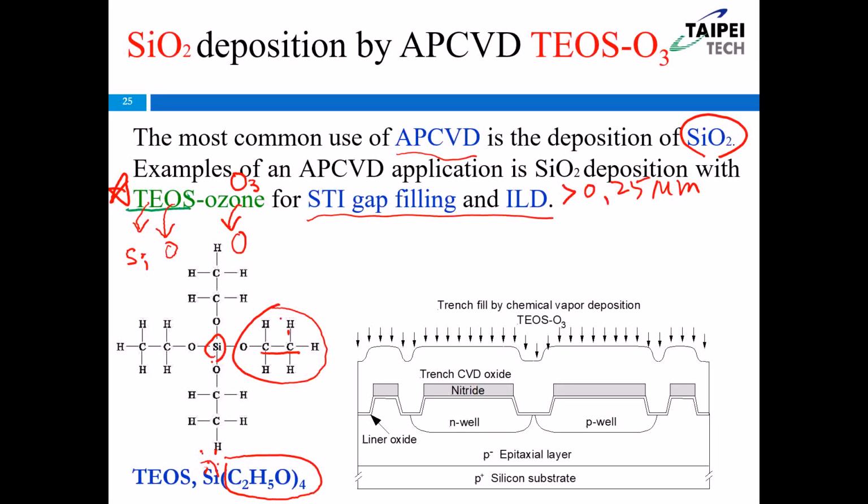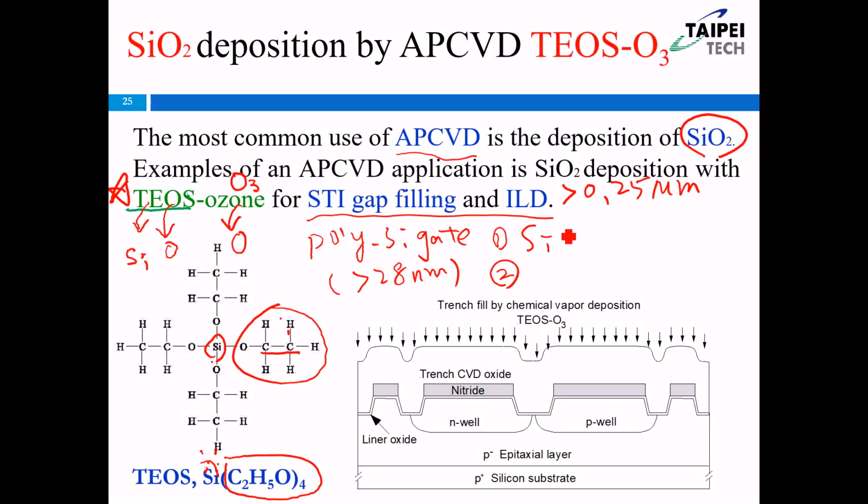But let me ask you a question. Today, if I want to deposit silicon, like the polysilicon gate, when the technology node is larger than 28 nanometer, we have two kinds of precursor. Do you remember the precursor for the polysilicon gate?